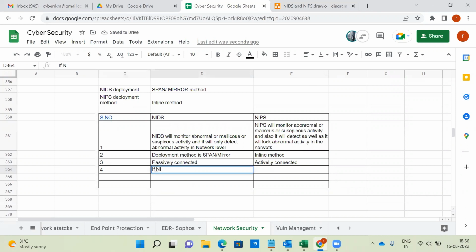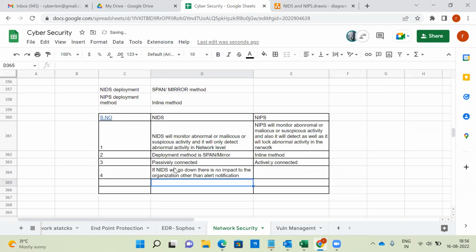If NIDS goes down, there is no impact to the organization other than alert notification. Okay, only the alert notification will not be received. Other than that, there is no impact.